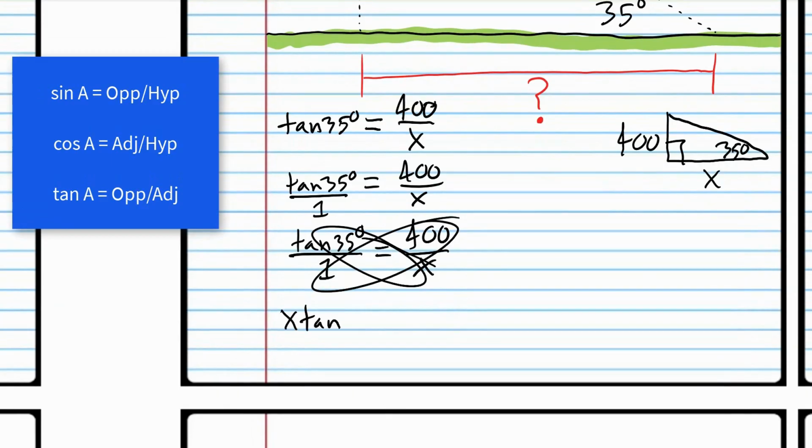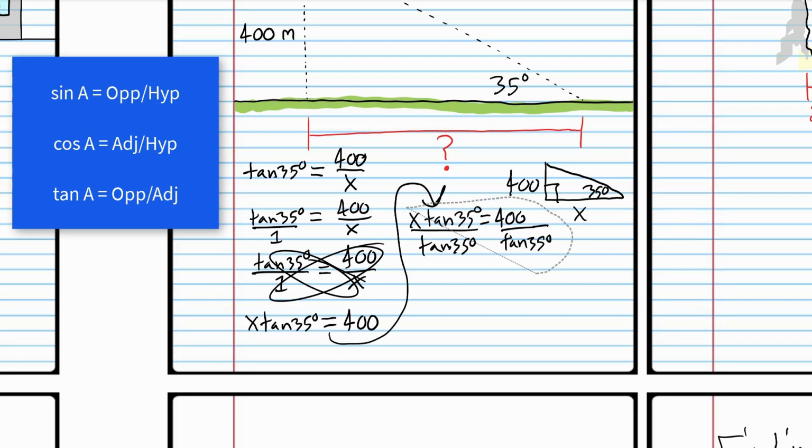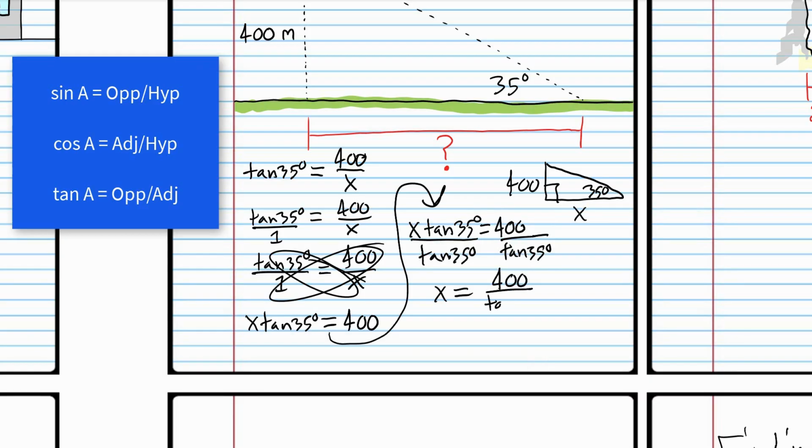So then we get x times tangent 35 degrees. And now we just have to divide both sides by tangent 35. So again, if you run out of room, that's okay. Just put an arrow. Divide both sides by tangent 35. And x is equal to 400 divided by tangent 35 degrees.